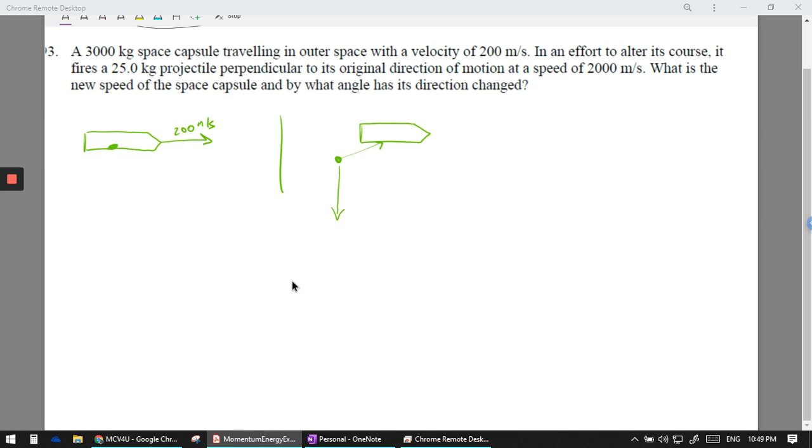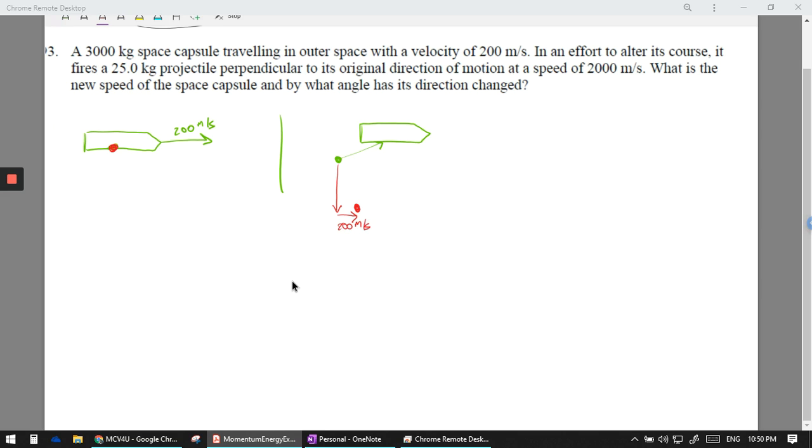In which case it would have this 200. I would assume that this little red thing here was shot out like that, but it also should keep its 200 meter per second forward velocity.